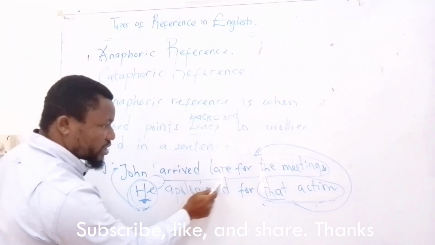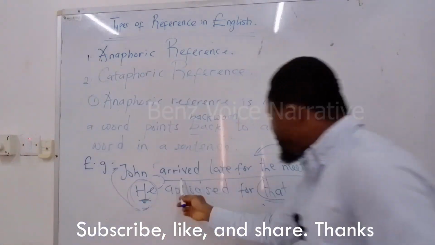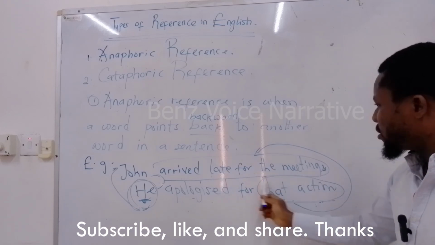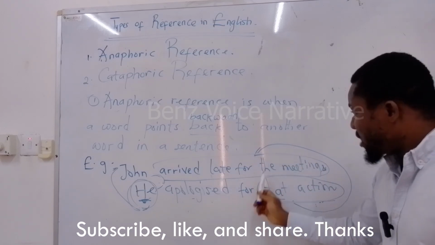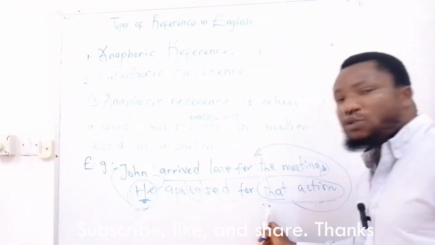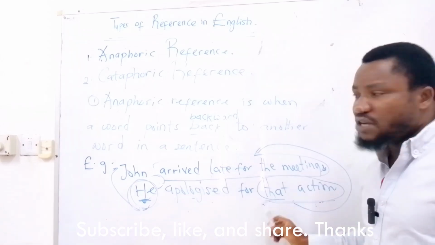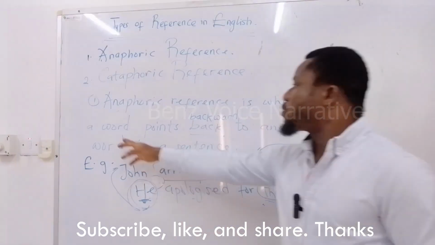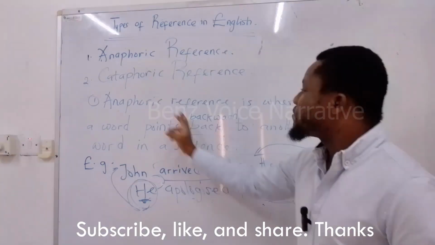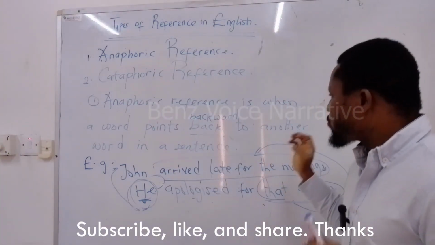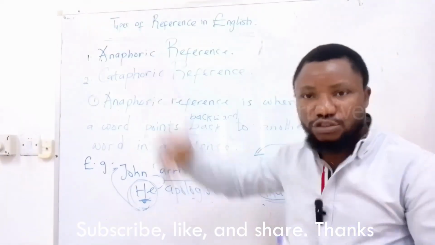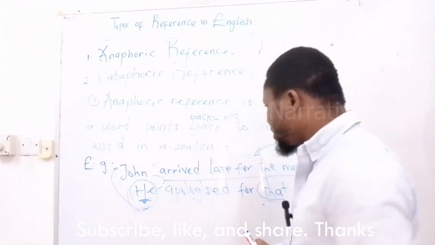John arrived late for the meeting. This is the action for which John is apologizing. Are we clear with that? So, anaphoric reference is when a word points or refers back to another word within a sentence.